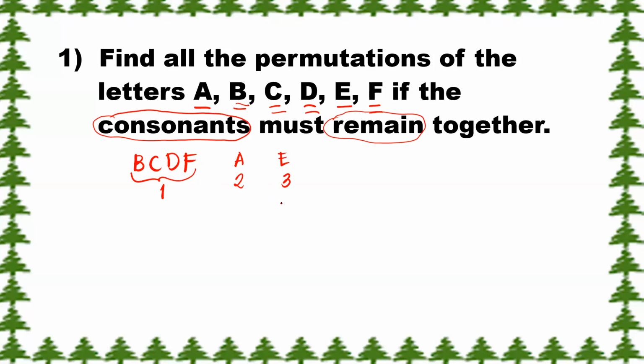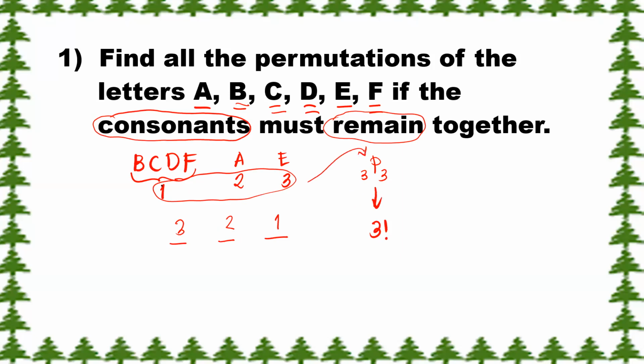Okay? Now, kung i-arrange natin sila in a line, remember that there will be 3 positions. So that would be 3 choices for the first, 2 choices sa pangalawa, and 1 sa huli. Or simply, because there are 3 letters, we can have permutation of 3 taken 3 at a time. Or simply, 3 factorial. Ito yun, okay?